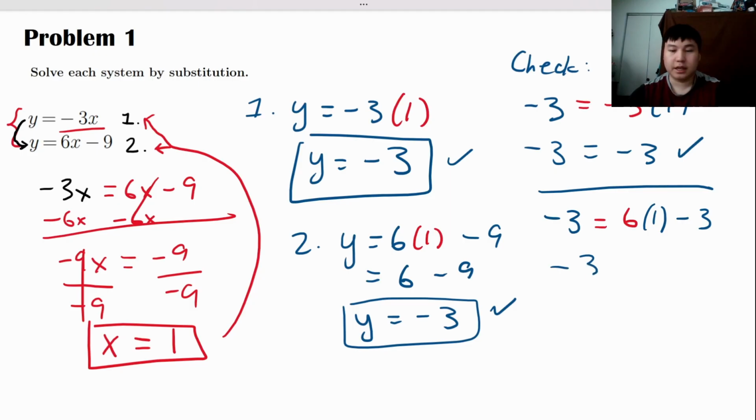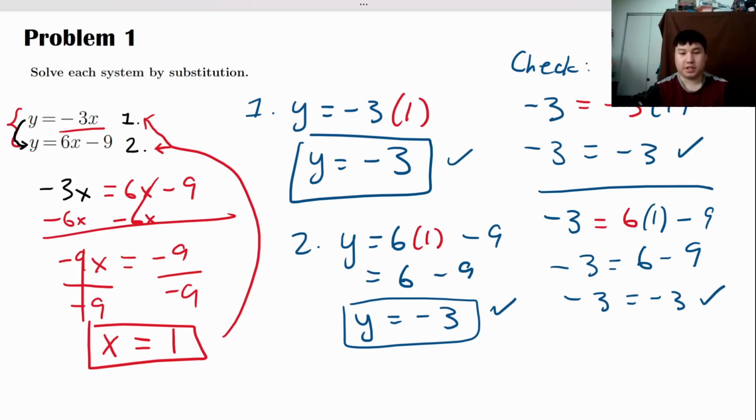Negative 3 stays the same. Oh, sorry, I made a mistake here. This should be 9 right here. 6 minus 9 is negative 3. That is true. So that is the answer for number 1.